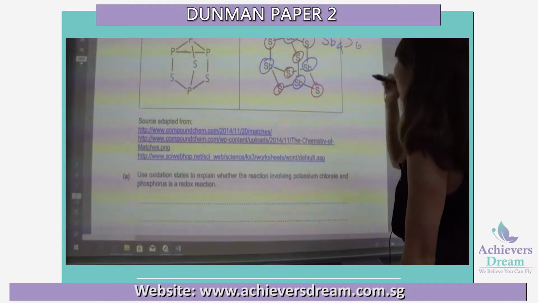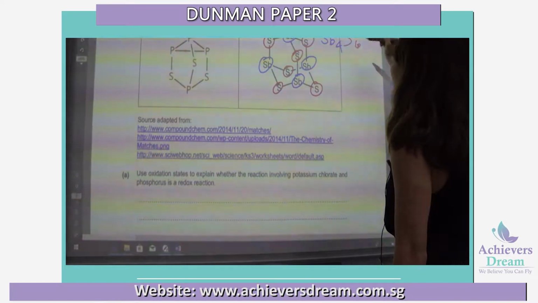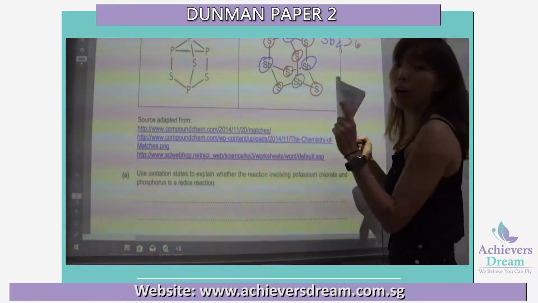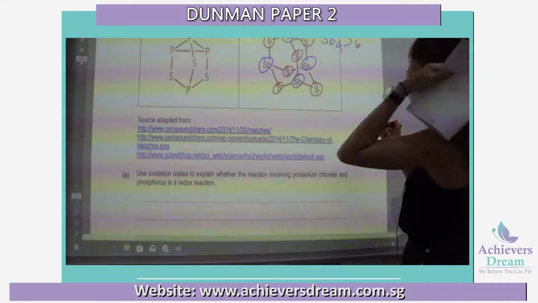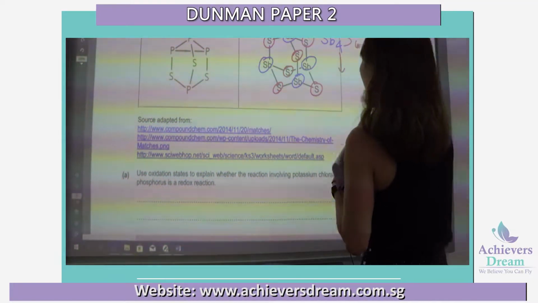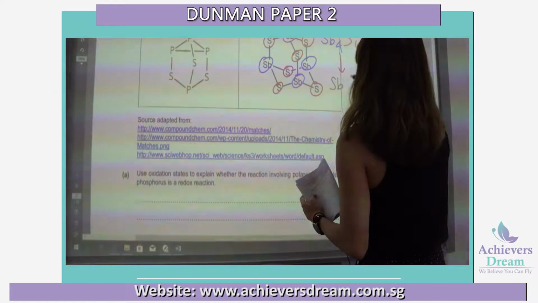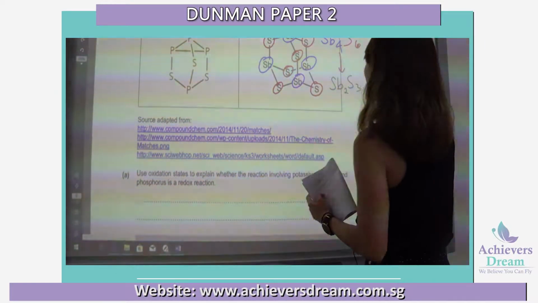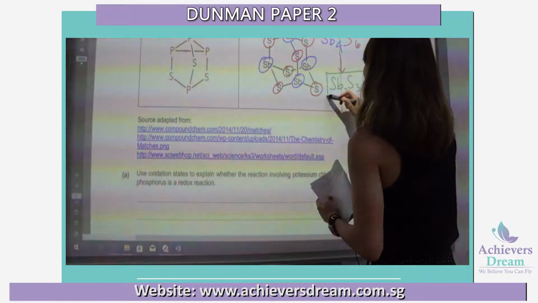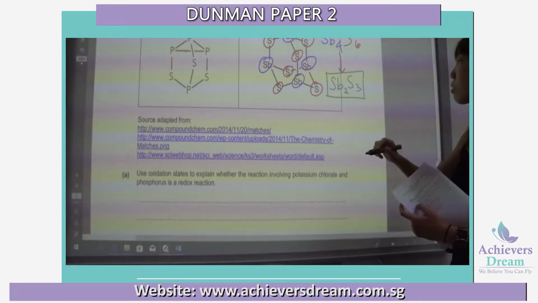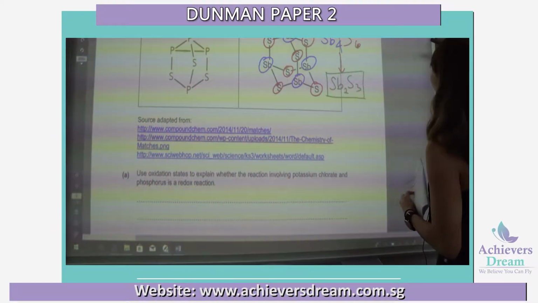Okay, so Sb4S6. How do I make it to form the empirical formula, the simplest ratio? Can it be simplified further? Yes, right? So it will be Sb2S3. Correct? So this is my simplest form. It cannot be simplified further. So this will be my empirical formula.